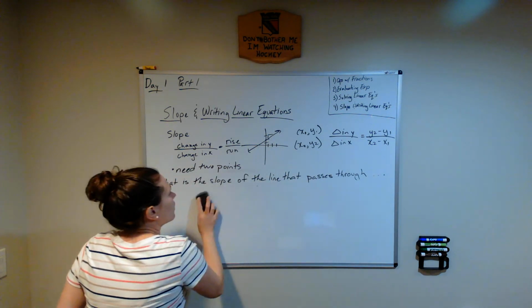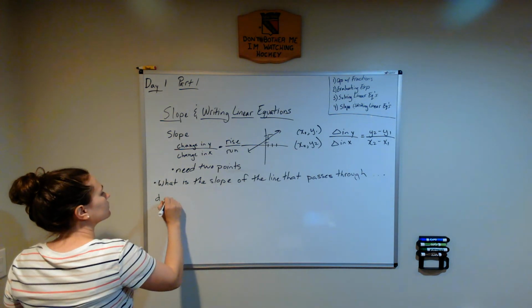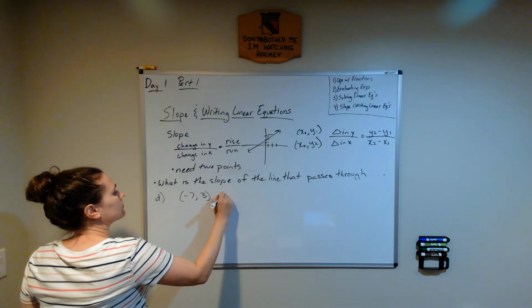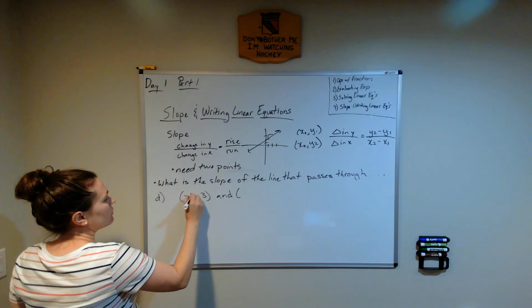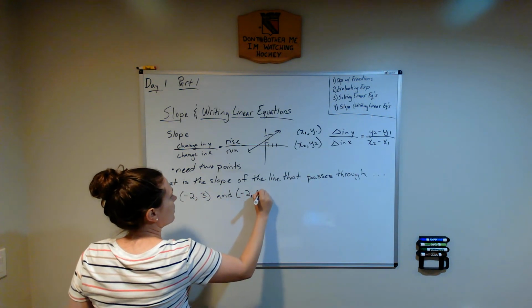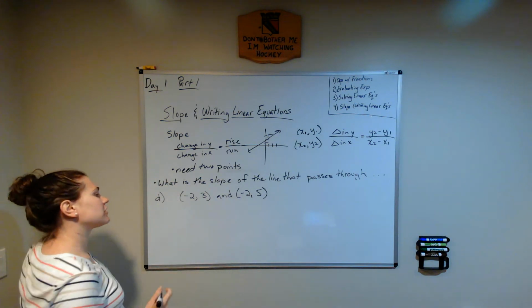And the last one, instead of -7, let's do -2 comma 3 and -2 comma 5. Okay? So we're going to calculate the slope that passes through these 2 points.